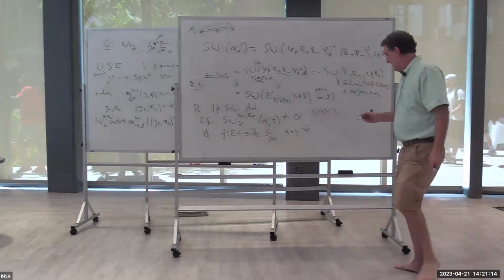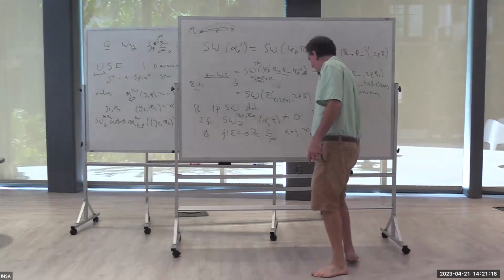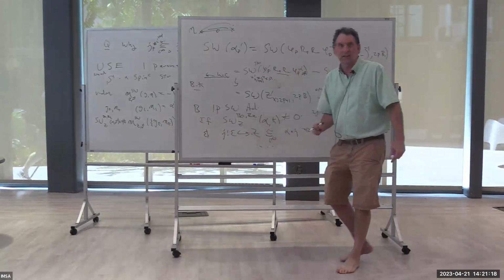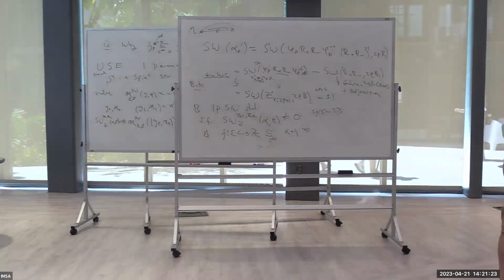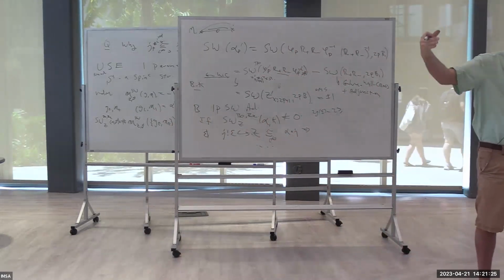It's exactly the same formula. It's essentially the same proof. You just have to tweak a little bit because you have to adjust the family when you use an X stretch along an S1 times the family X.